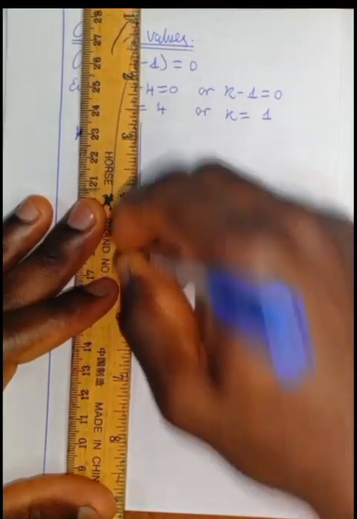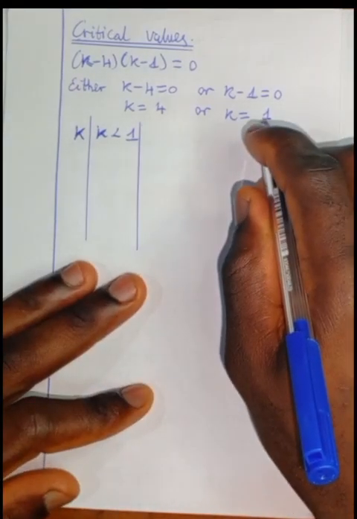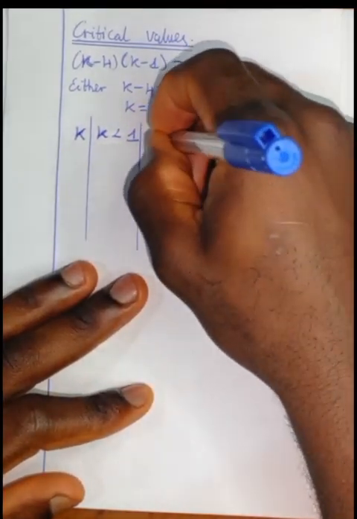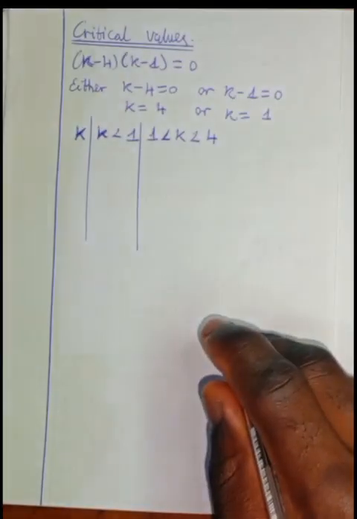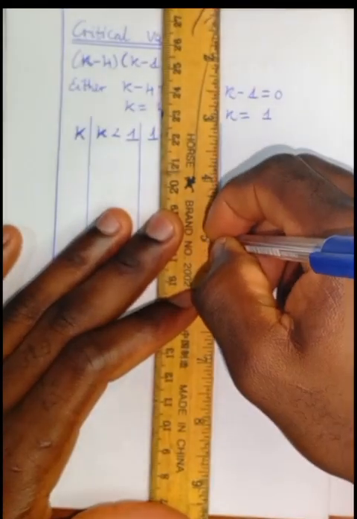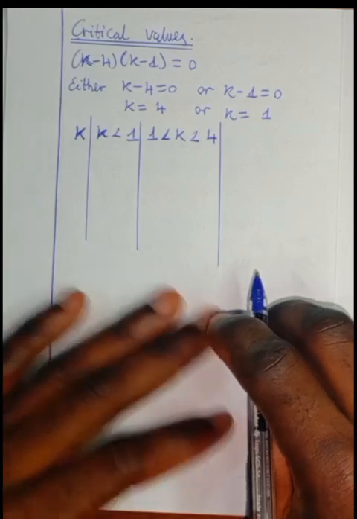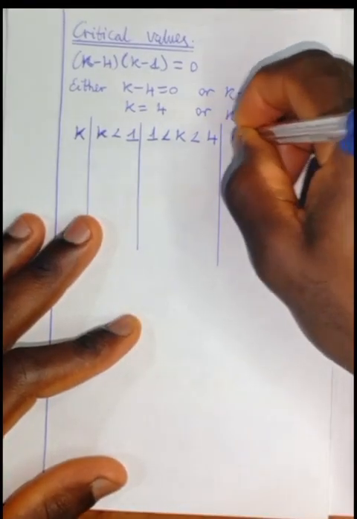For the next column, we are going to test values between 1 and 4 for k, 1 is less than k less than 4. For the next column, we are going to test values of k which are greater than 4.